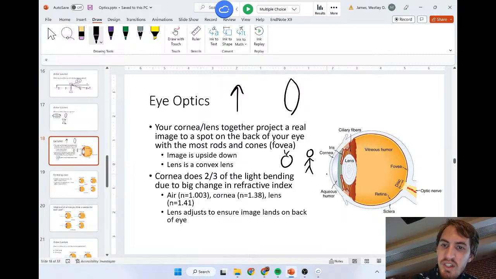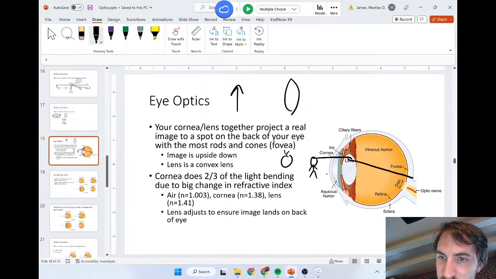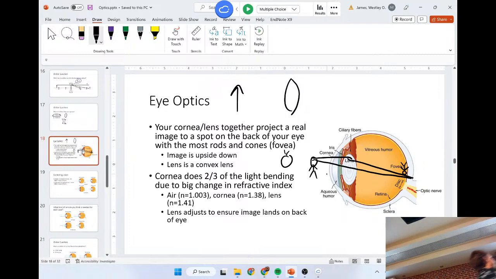Your lens is going to focus, and I'll even draw all the beautiful rays now that I have my computer working. So it's going to draw those rays such that you get a little me upside down hitting the back of your eye. Yay, my arms are up, which is not what's happening there. It's going to look identical. There's a little me at the back of your eye.